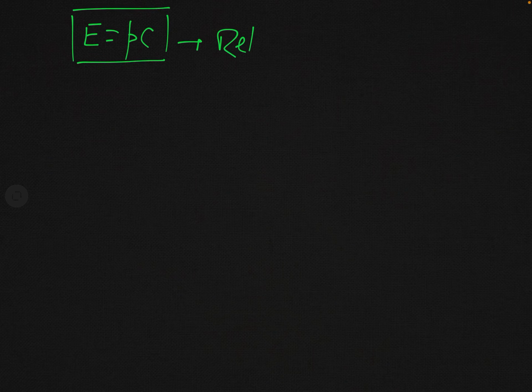So you can see a particle having zero rest mass will have energy, and that energy is equal to Pc. So E is equal to Pc. This relation between energy and momentum is valid for a particle whose rest mass is zero.